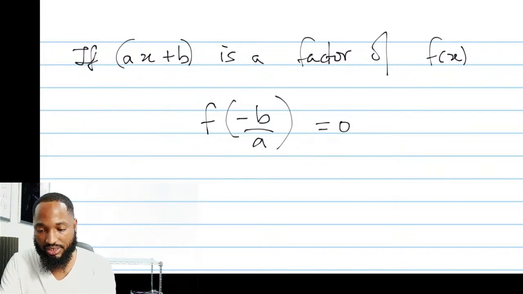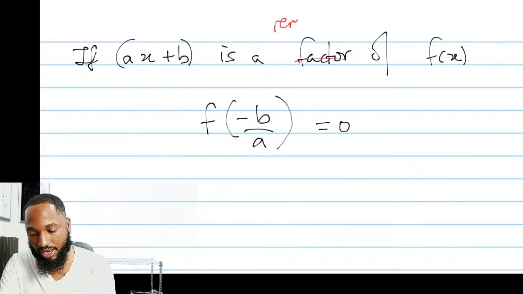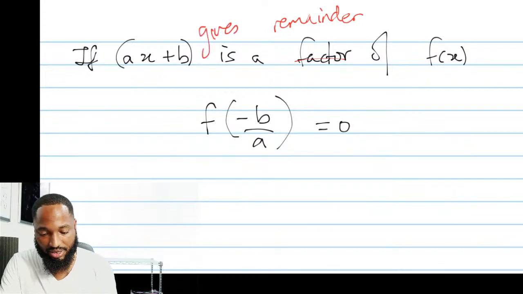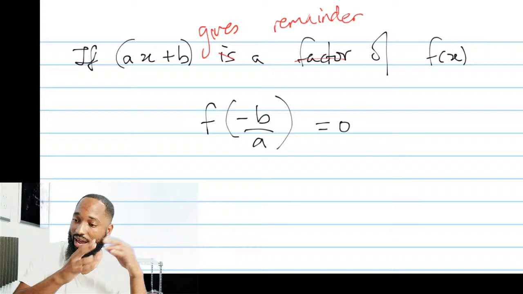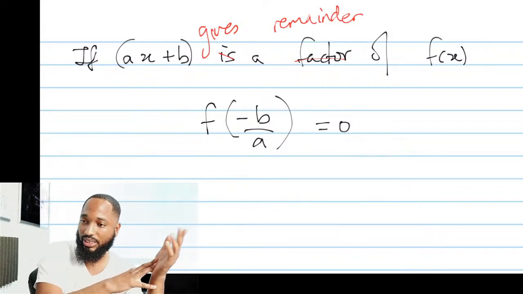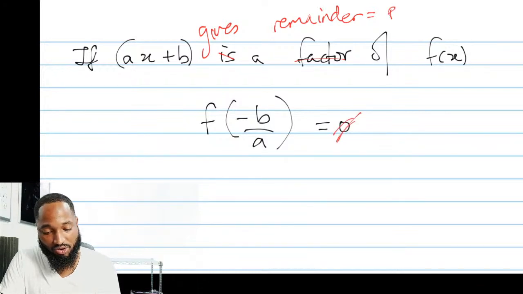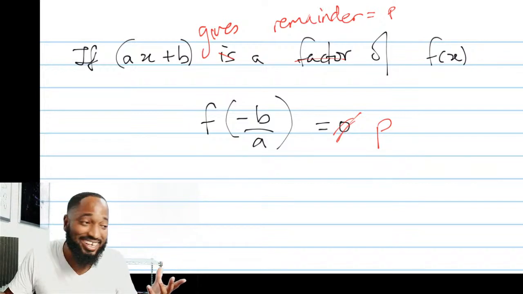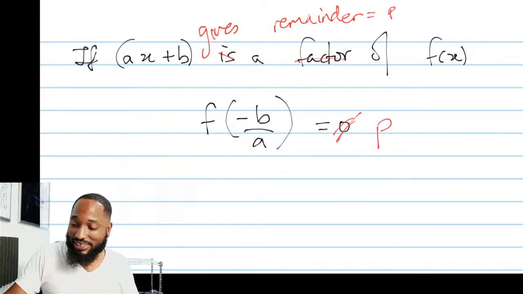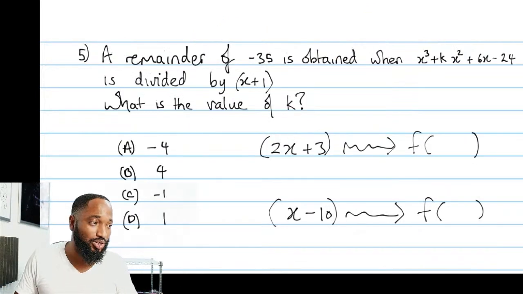Now if it's not a factor, if it divides into f of x and gives a remainder of, let's say, p, then it isn't going to be 0 anymore, it would be p. That is it. The remainder factor theorem is food when it comes to multiple choice.